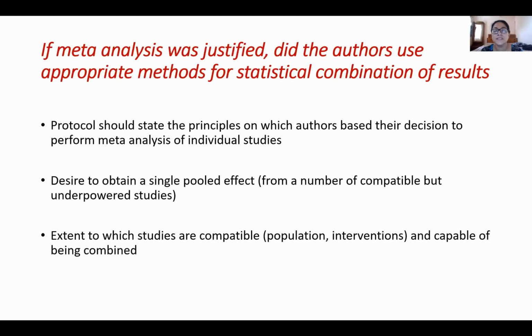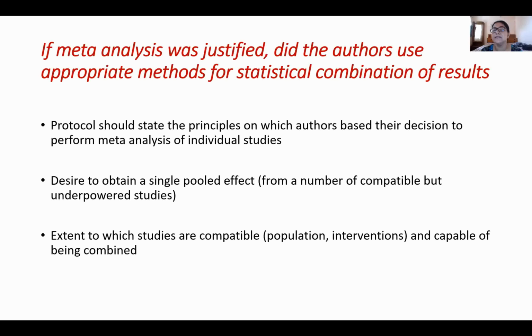The protocol should state the principles on which the authors base their decisions to perform meta-analysis of the studies. So in the protocol itself, the authors have to mention why they have decided to perform meta-analysis and how they will perform the meta-analysis. Normally, meta-analysis is performed to obtain a single pooled effect from a number of compatible but underpowered studies.